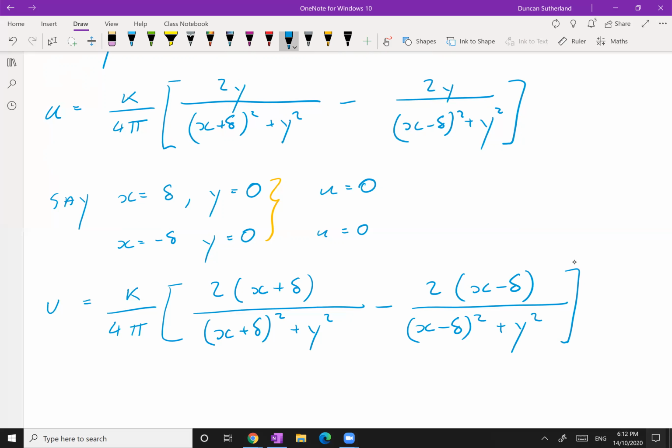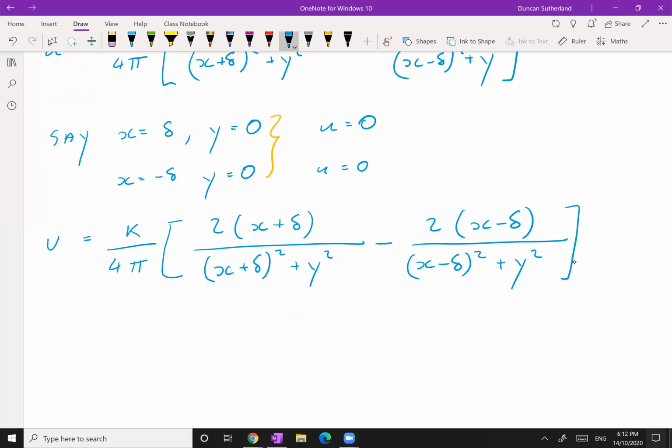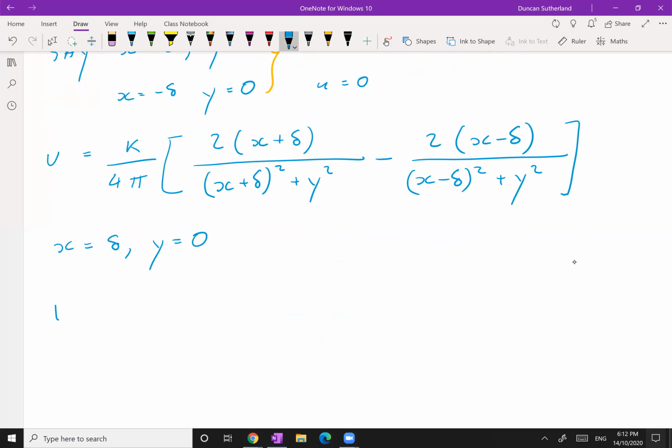This is interesting because now when we substitute in our vortex centers, x equals delta, y equals 0, we get the following. v equals kappa on 4 pi, 4 delta, right, because that's going to give me 2 delta, over 4 delta squared. Oh yeah, 4 delta squared, sorry.